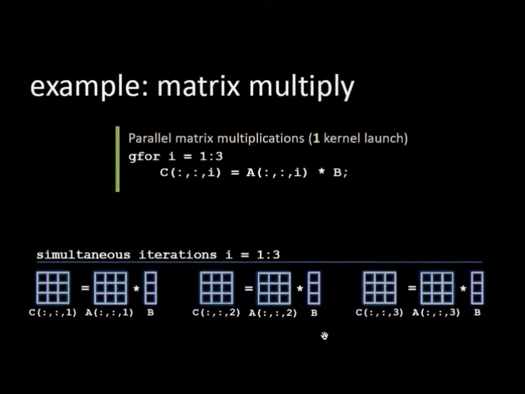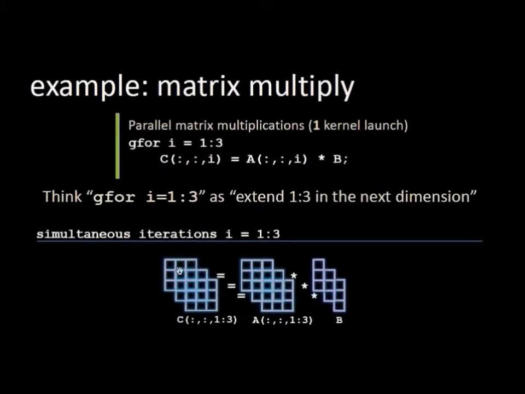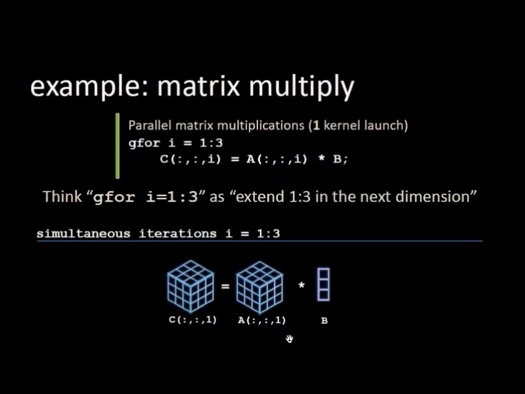And the way it actually occurs is you think of the iterator as extending this matrix multiplication problem into the next dimension. What if you were to stack each of these matrix vector multiplies on top of one another? Or rather, what if you were able to construct this as a volume getting multiplied by a vector? That's the way you can conceptualize what's occurring with gfor.